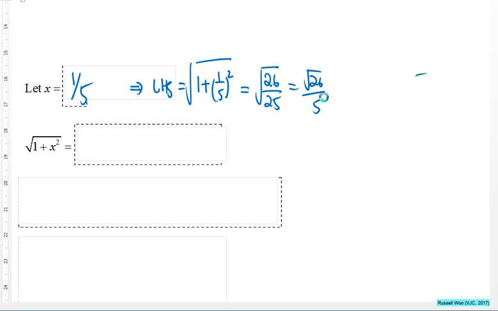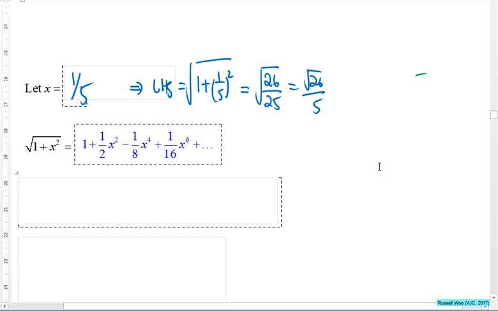So therefore, the rest is just copied from above. This is given, this is from the question.